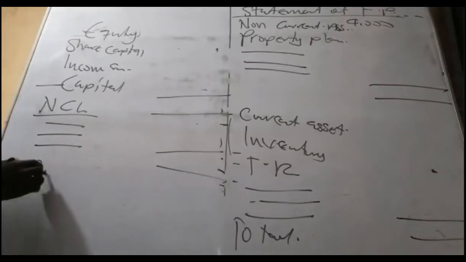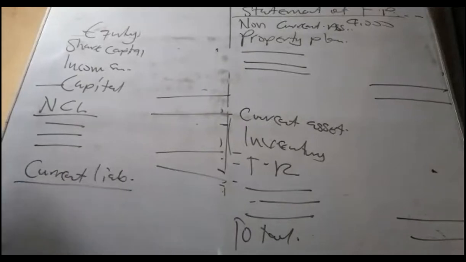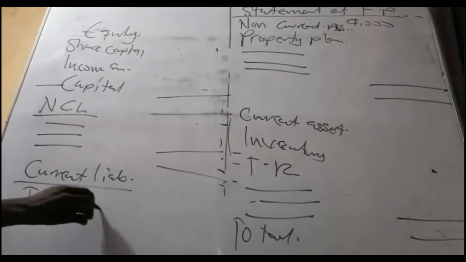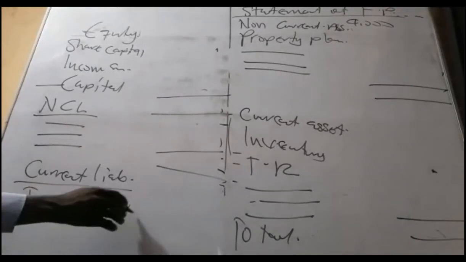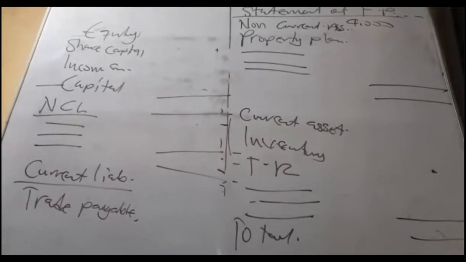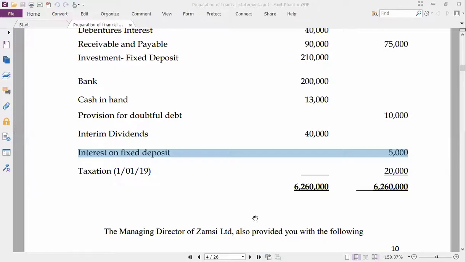You go to current liability. As soon as I underline it, you write trade payable. That one, there will be no note affecting it. So go to the trial balance and pick it. You are picking the figure for trade payable. Yes, that's how I'm supposed to do it. So you pick the one with no notes.